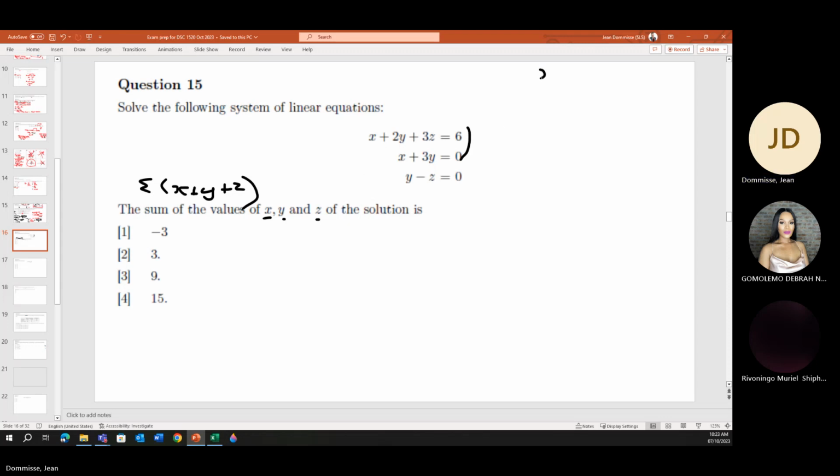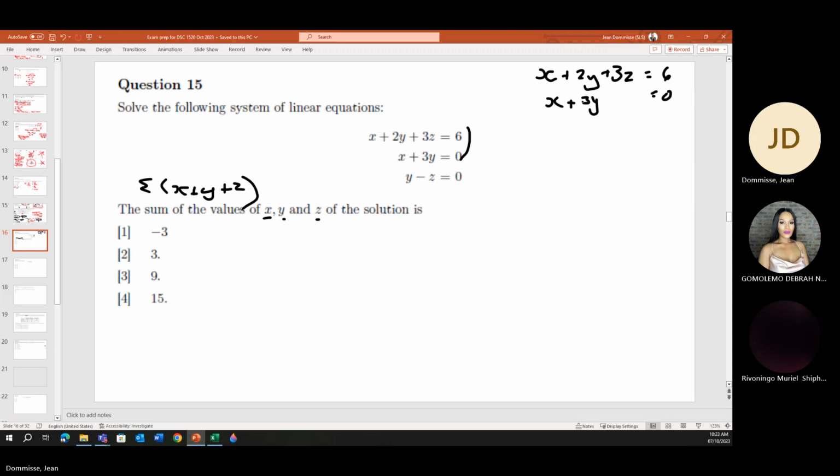So x plus 2y plus 3z is equal to 6, and then x plus 2y is equal to 0.